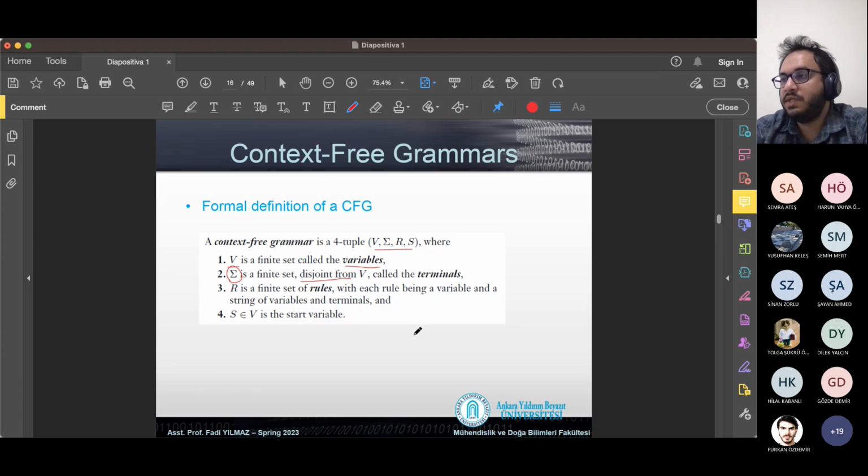Terminals must be disjoint from V, and they must be a finite set. They cannot be infinite. And then R is a finite set of rules. Each rule is a variable and a string of variables and terminals, and S is the start variable.